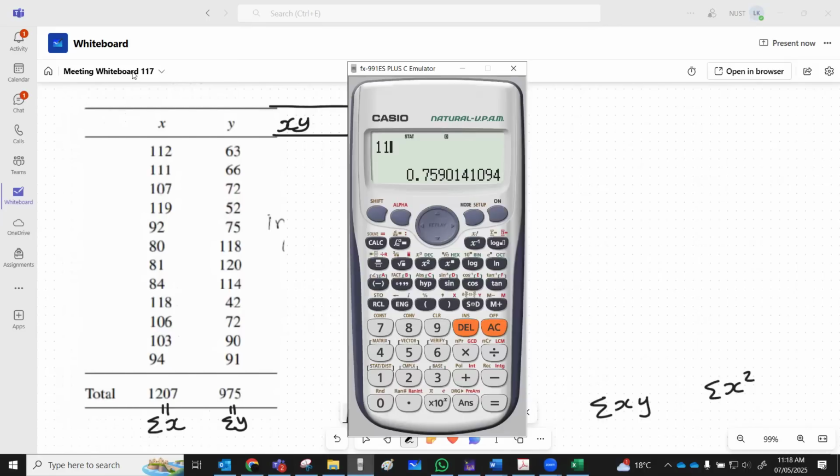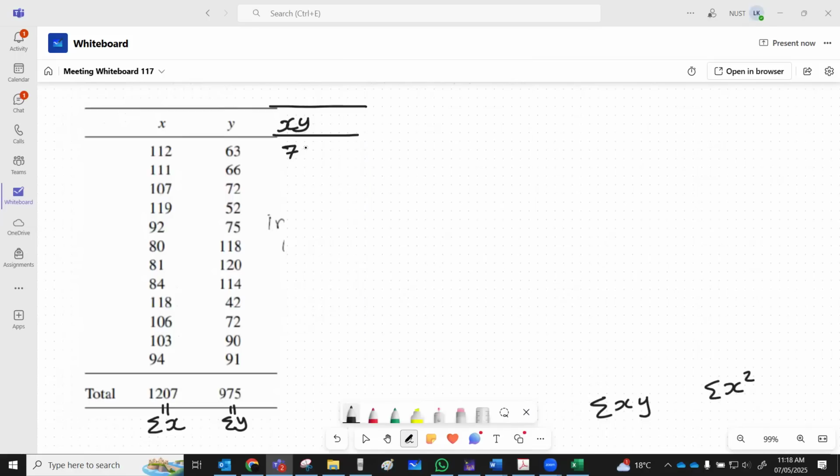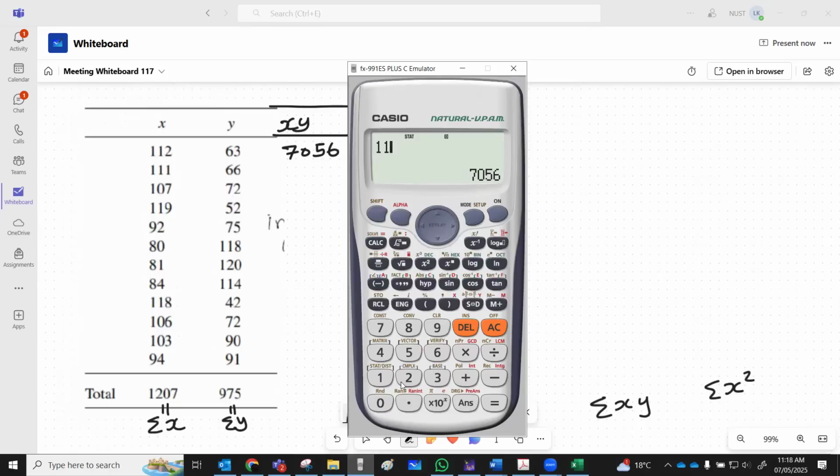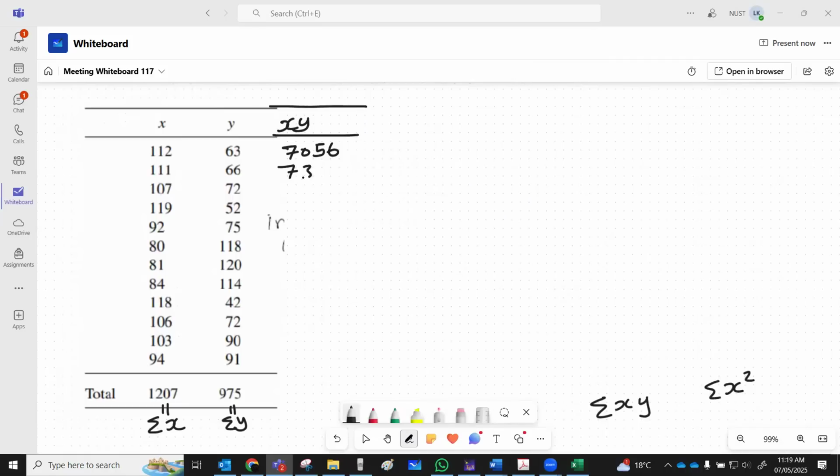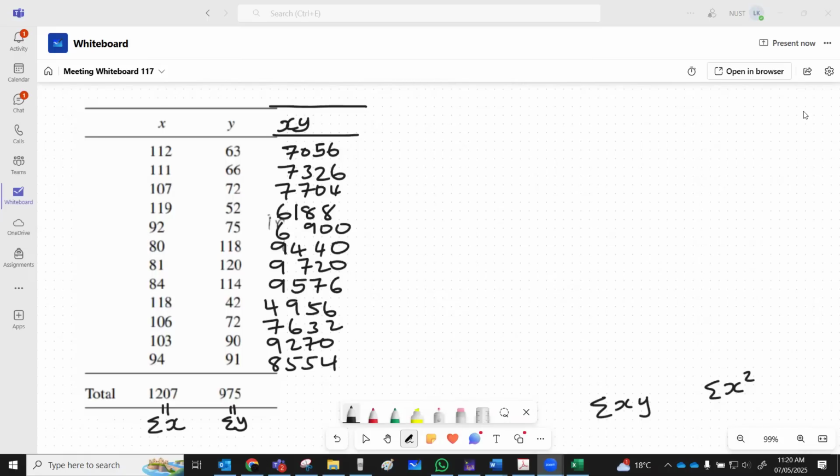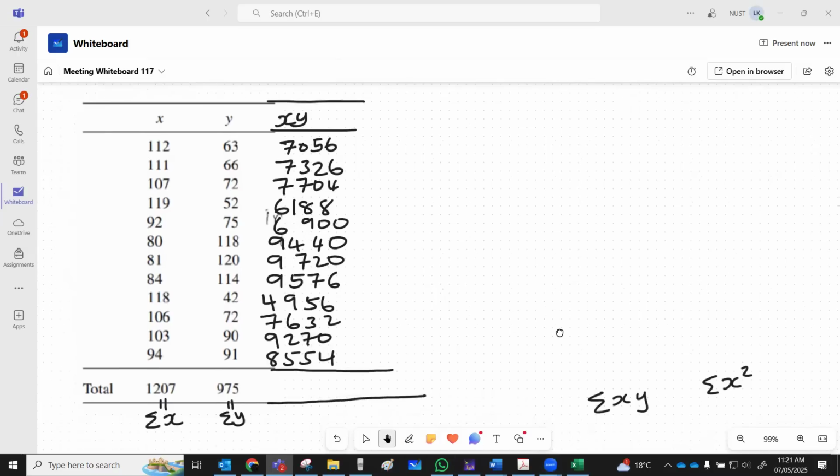So we have 112 times 63, this is 7,056. Then 111 times 66. Okay, so this is what I have. Hopefully I haven't made any mistakes.